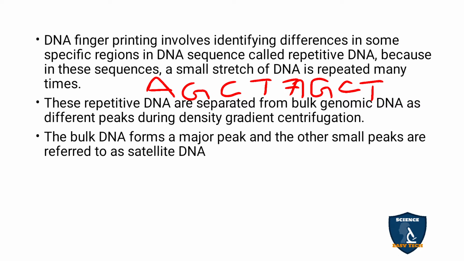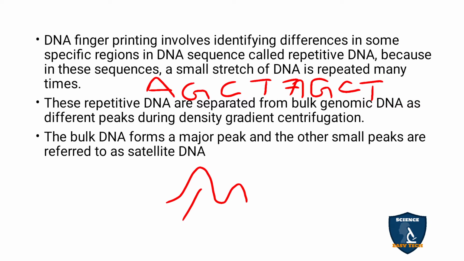The bulk DNA is from the 99.9%, and the minor, small DNA is from the 0.1%. Only a small difference is there, and you are going to separate that difference.